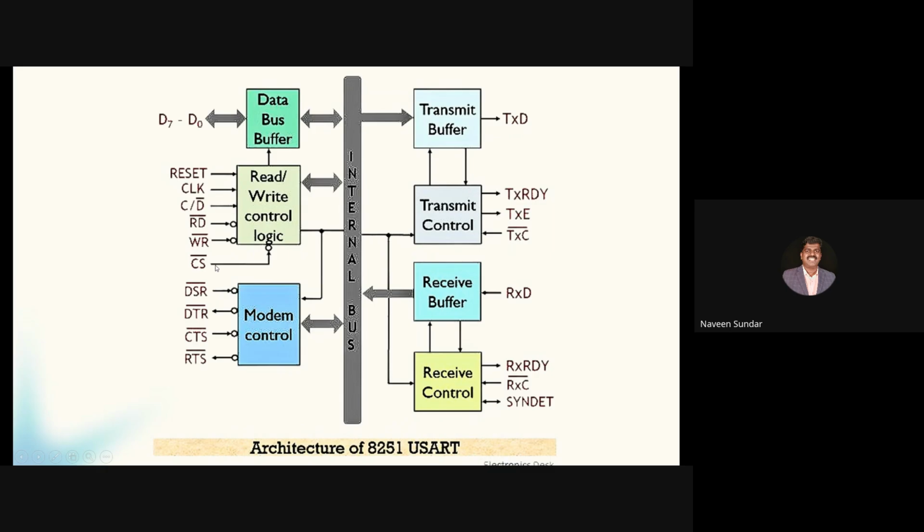Coming to the next, we also have a clock, CLK. The clock provides the timing for the internal operations. Coming to the transmitter side, on the right side, which transmits the data, you will see TxD, the serial output data line, and the data goes out to the external device.